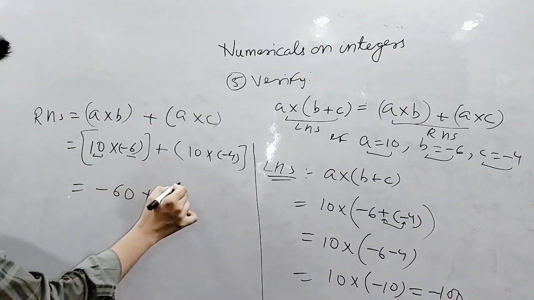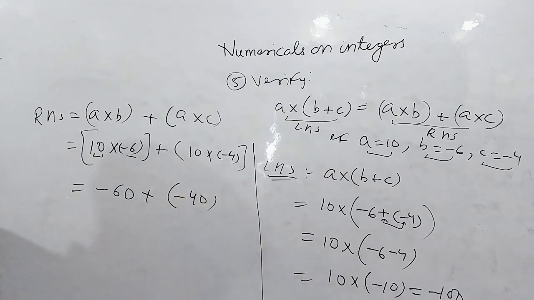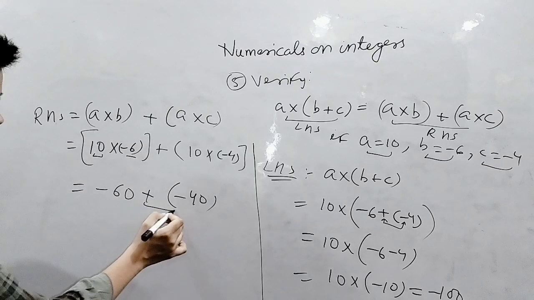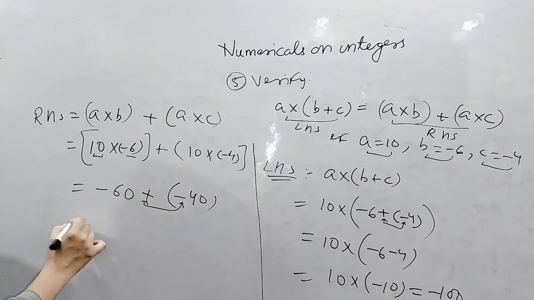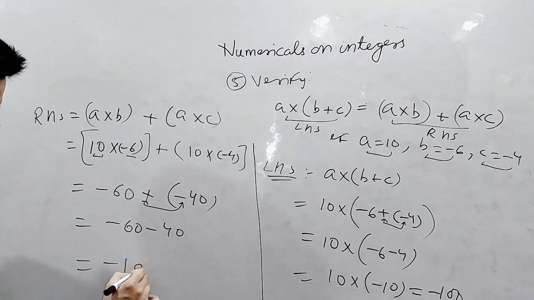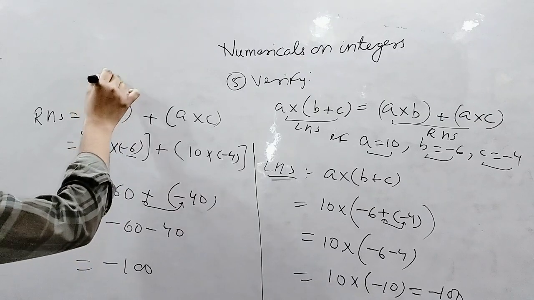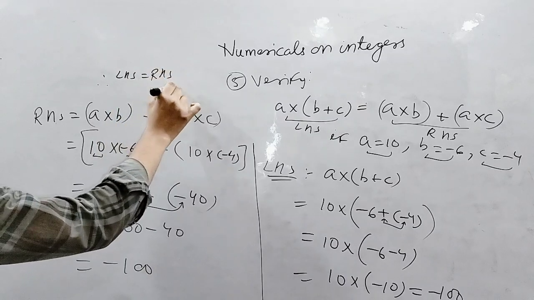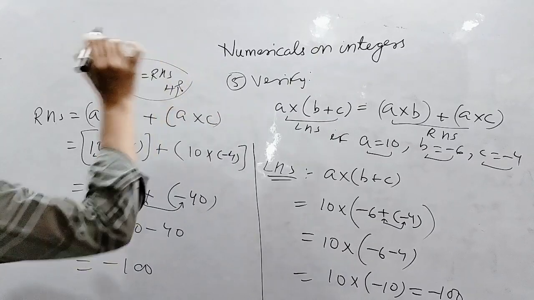It is minus 60 plus minus 40. Now a positive and a negative sign are together. So this becomes minus 60 minus 40 is equals to minus 100. Okay, so I will write, therefore LHS is equals to RHS, hence proved.